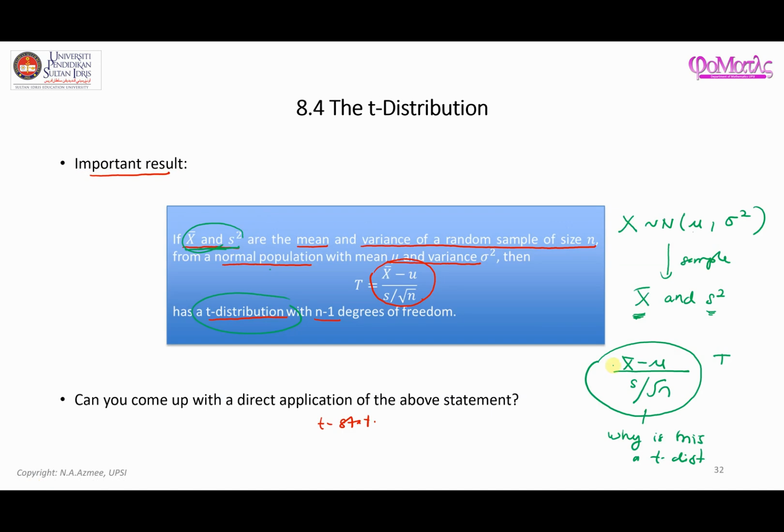So what we have here is this guy, and I'm going to show you which part of it relates to a standard normal random variable, and which part of it relates to the chi-square random variable, and that's what we're going to do next. Okay, so here we have this statistic.